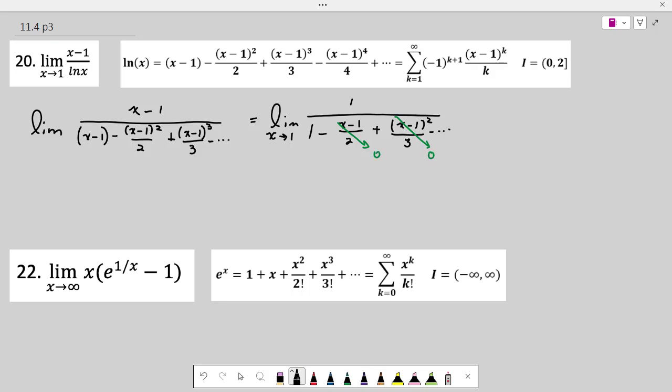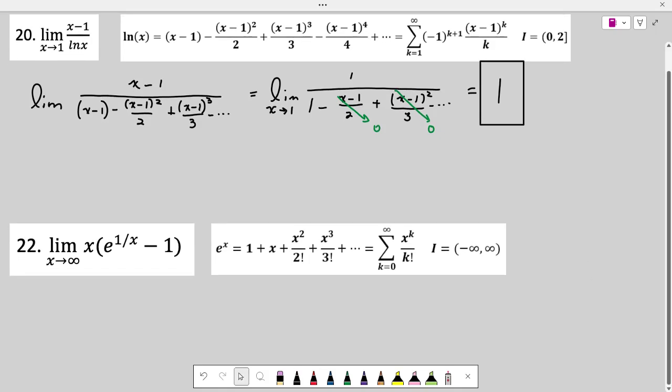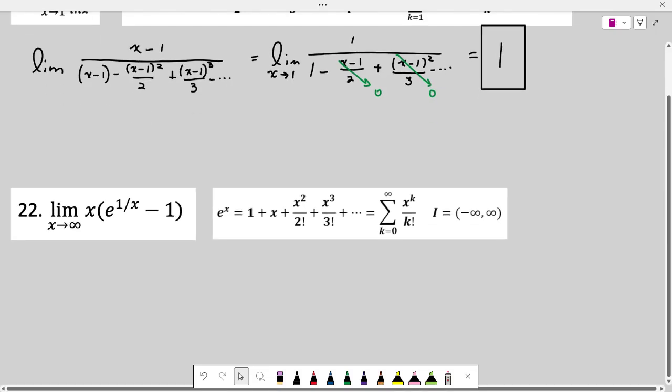So that tells us that our limit is 1. For a second, I almost said infinity, and then I realized, oh, wait a second. Don't do that. So that's it. Anytime we see a function, if we want to use power series, we can just replace the function with its power series and then carry on our merry way.